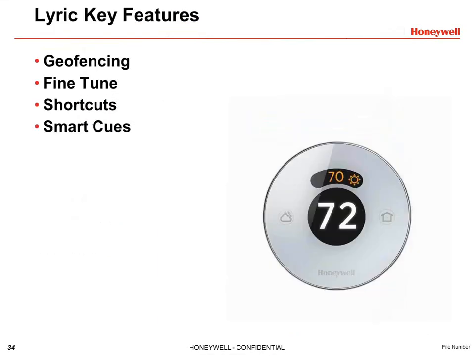So what makes the Lyric different? Well, they're talking about 4 features, but it really comes down to one. This new concept called Geo Fencing. What Geo Fencing is, is that this thermostat will link up with the homeowner's cell phones.